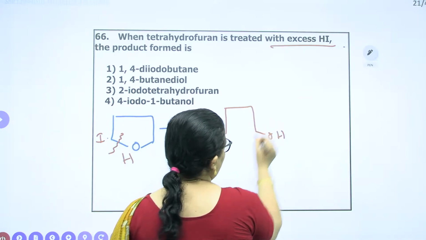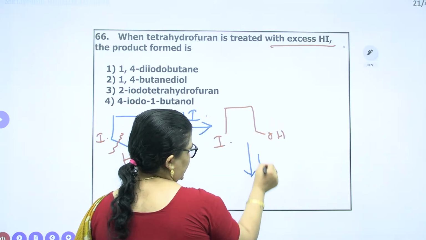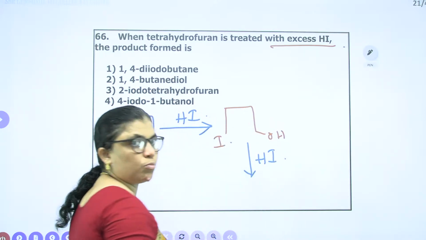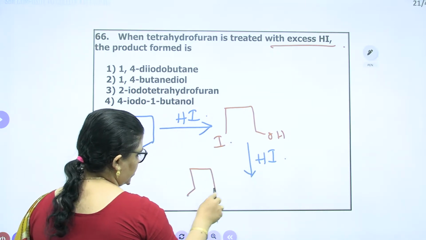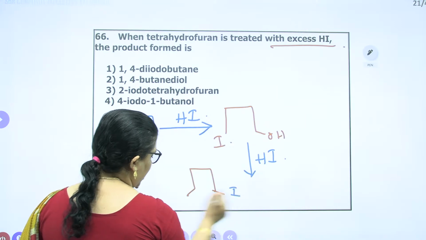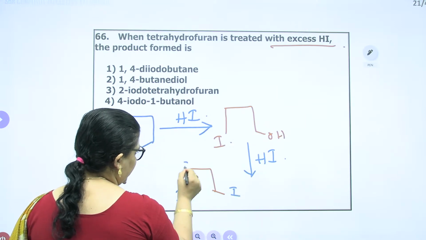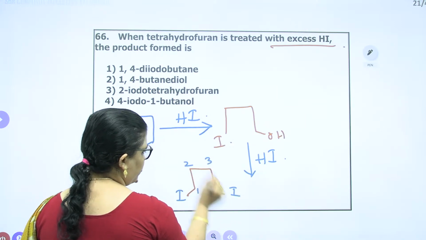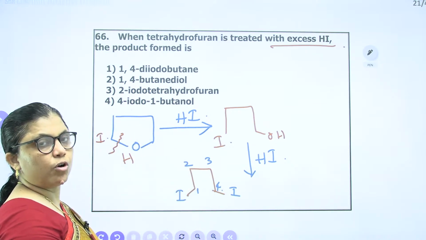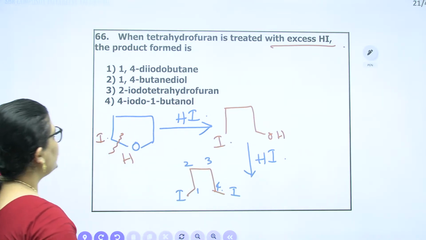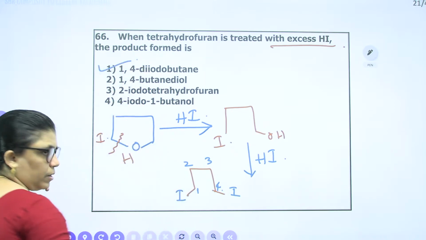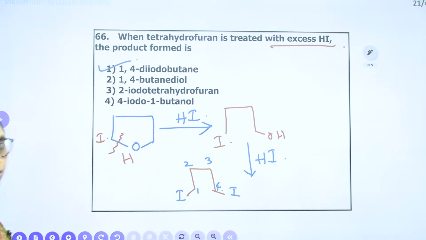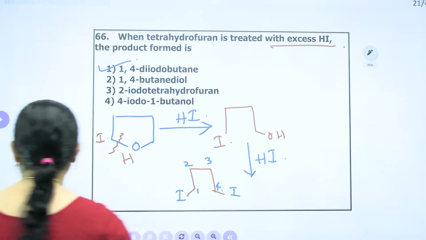I need to add 1 more mole of HI. 1 more mole of HI will give what? I and I. First carbon atom, second carbon atom, third carbon atom, fourth carbon atom. 1,4-diiodobutane. Therefore, the answer is 1,4-diiodobutane, the first option.